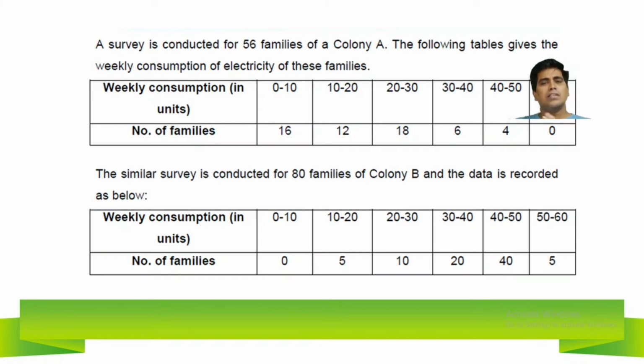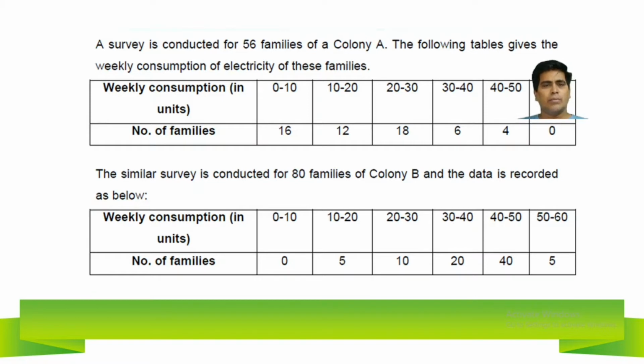Now this is important. Whatever tables he has given, they are very important. A survey is conducted for 56 families of colony A. The following table gives the weekly consumption of electricity of these families.